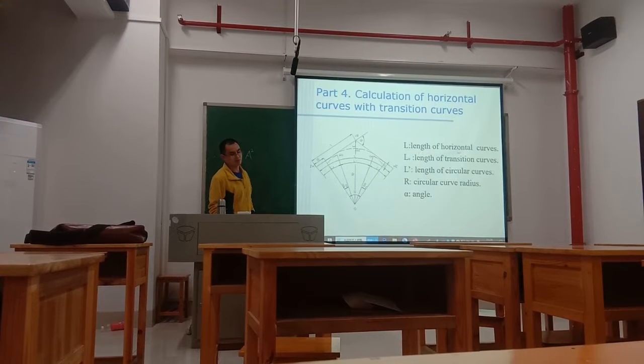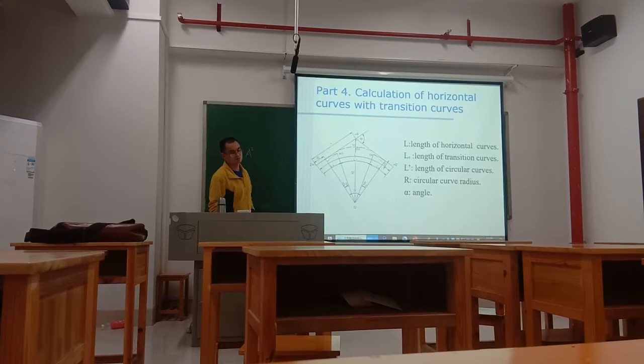Transition curve with transition curve. L is the length of the total curve, including the circular curve and two transition curves. Ls is the length of the transition curve. Lc is the length of the circular curve. R is the radius of the circular curve. Alpha is the turning angle.